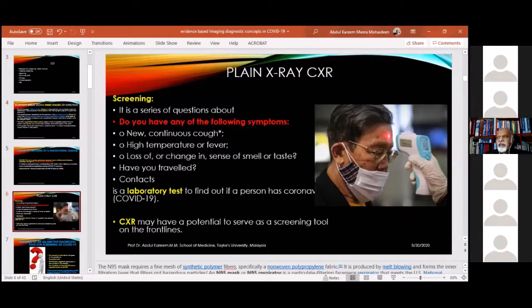Have you traveled to a COVID-affected area? Do you have any contacts in your family or neighborhood? All these are routine questions, but very, very valuable questions. So this vocal screening clinches some sort of suspicion of the disease or disease-prone subjects.